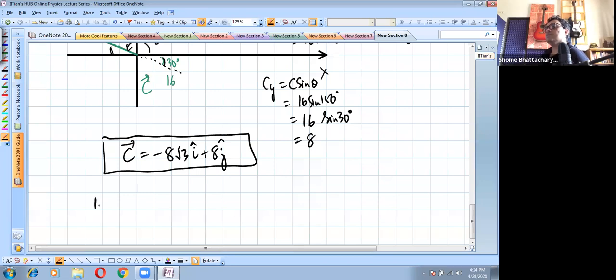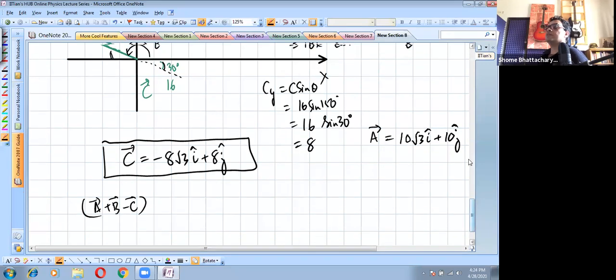So the vector A plus B minus C, I want to find that now. So just quickly recall the vector A was 10 root 3 i cap plus 10 j, right? That is what we had calculated the vector is.